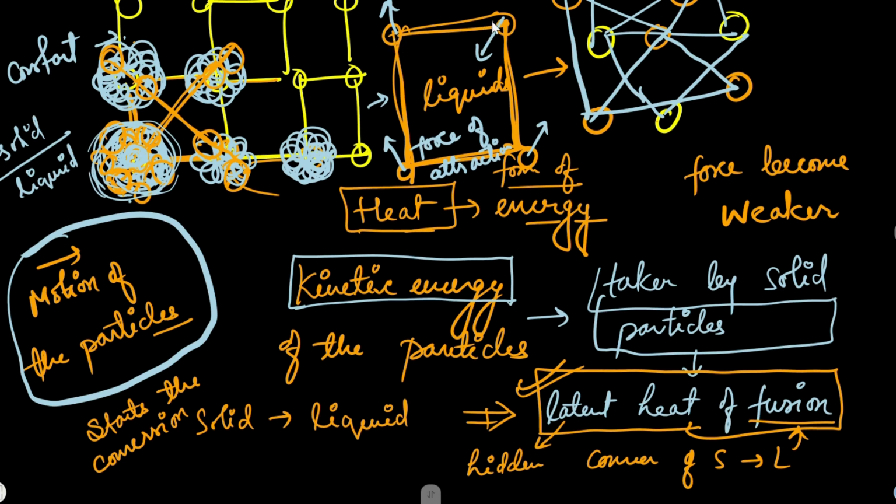They have started changing their position, and now their positions will be this, this, and this. So now this kind of structure will be made. This structure will be called a liquid, and the point at which this happens is called the melting point.